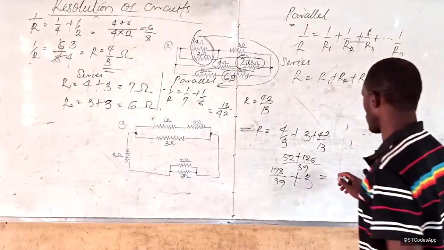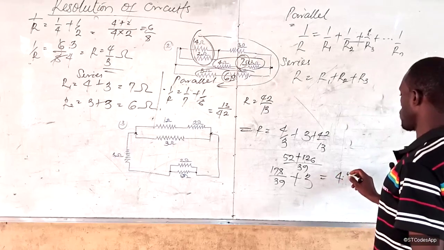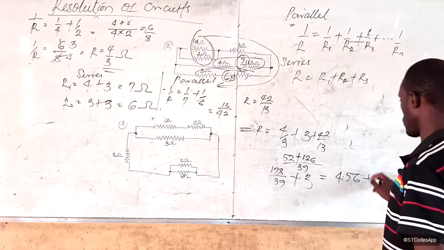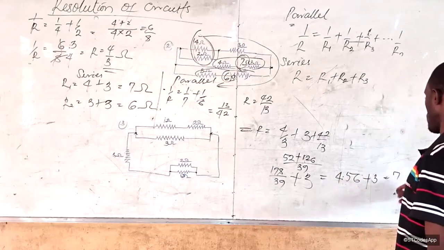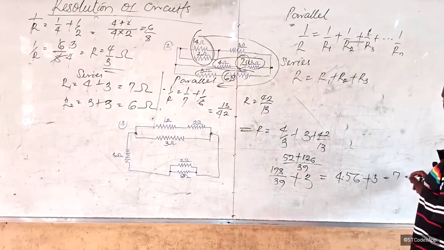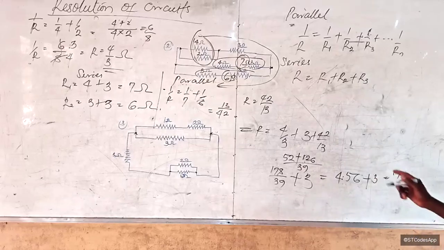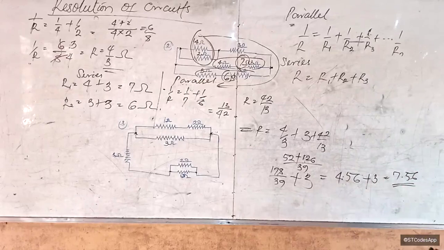Just tell me what you got. 4.56, right? Alright, that one plus 3 becomes 7 whole number, 56 over 100, that will be 7.56. 20 over 39, okay, I wanted to know. But anyways, this is the answer altogether. Did you get it? Alright.